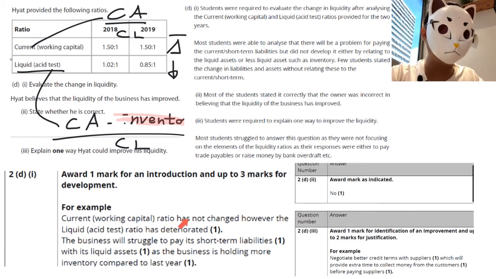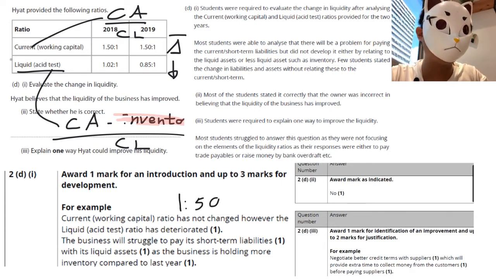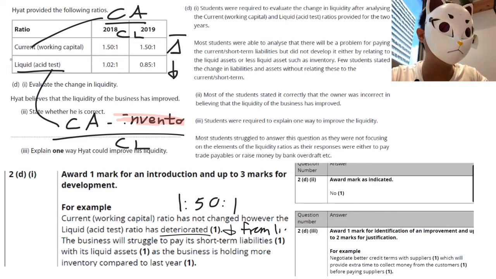First of all, the current ratio, there's no change. No change. That is, it remains at 1.50 to 1. However, there is a drop in the liquid ratio. That is deterioration, from 1.02 to 0.85 to 1.